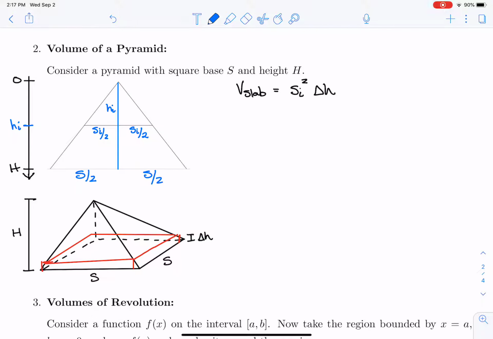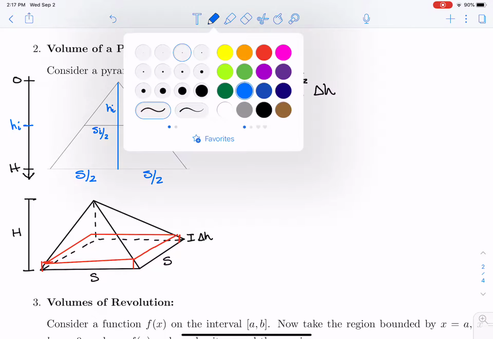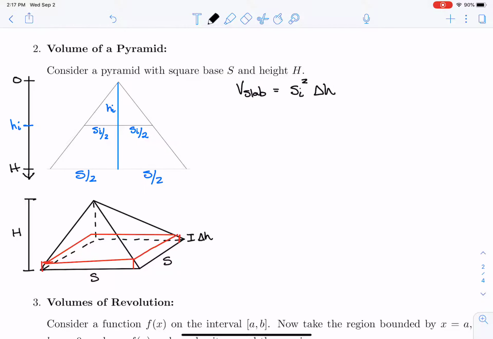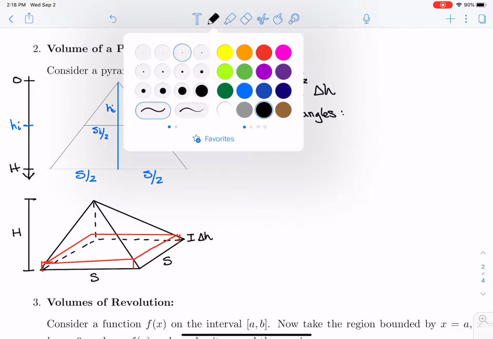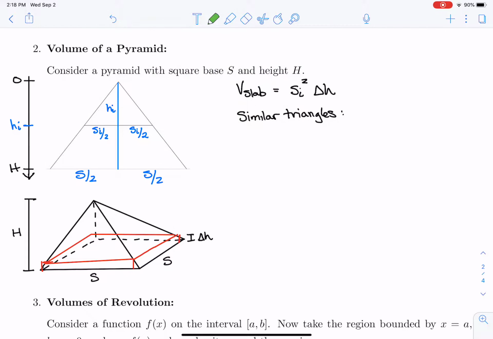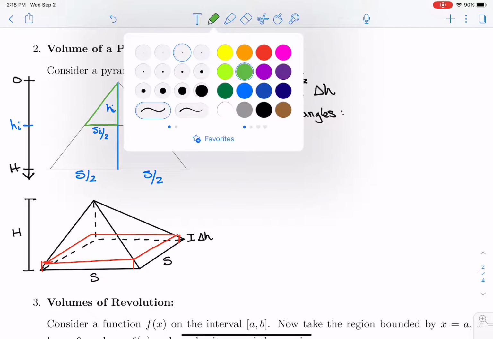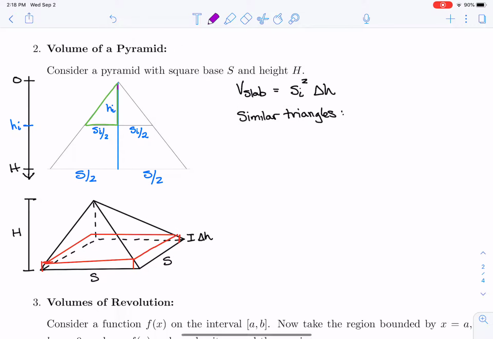The way that we're going to do that is using similar triangles. So I'm going to look at this triangle, which is a right triangle, and I'm going to compare it to this triangle.